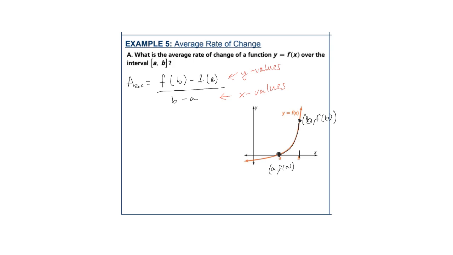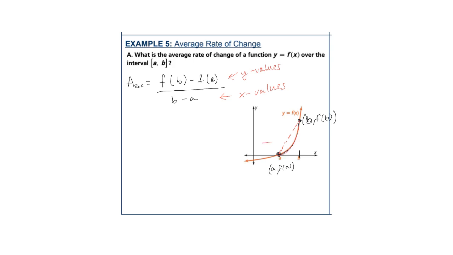So the average rate of change is the slope between the two interval ends. So technically it is the slope. The average rate of change would be this kind of line that we're trying to find. So we'll get technically the slope from A to B, even though we know the function makes this curve shape.